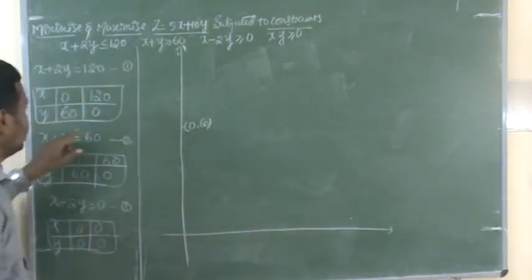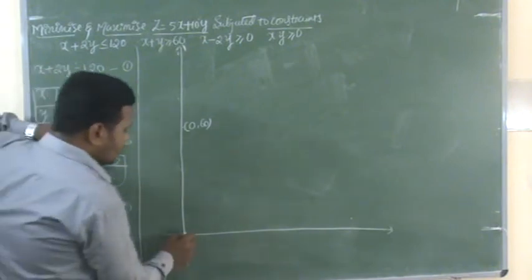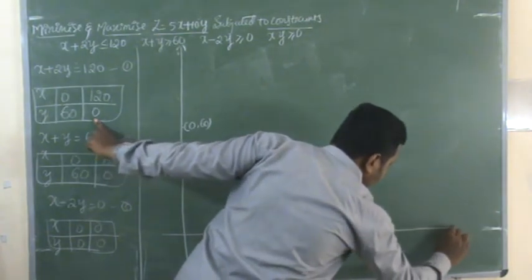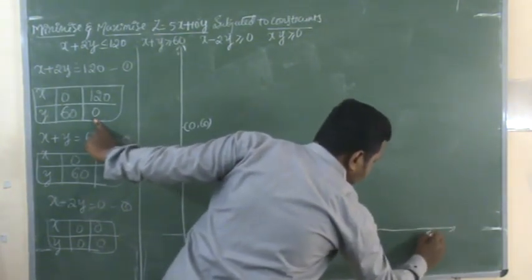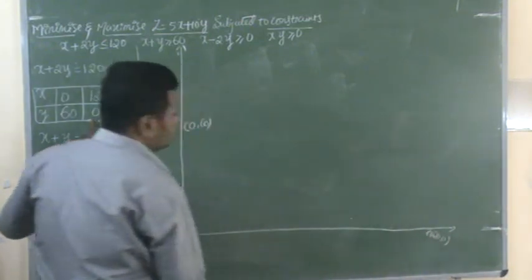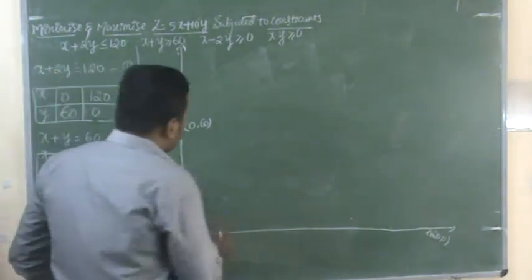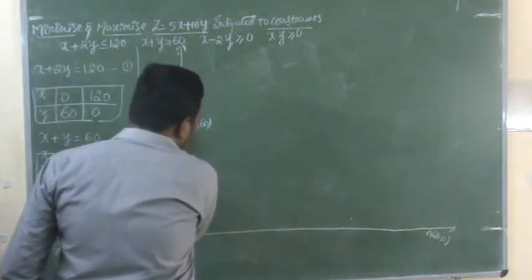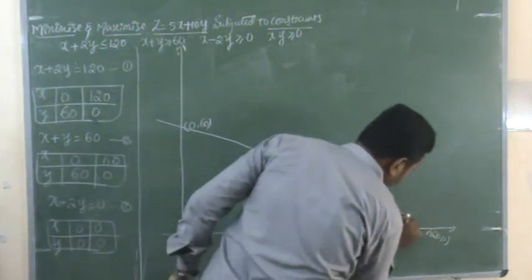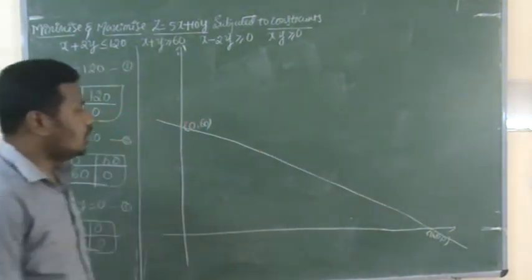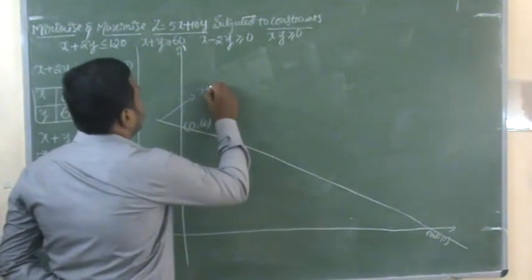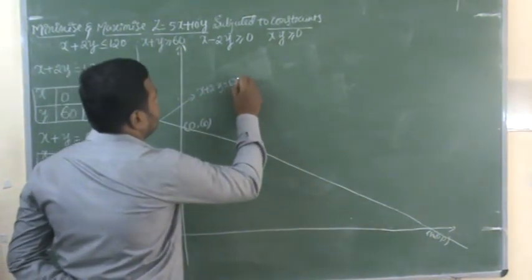And y is equal to 0, x value is 120, that is (120, 0). Draw a straight line joining these 2 points. This is the equation of the line x plus 2y is equal to 120.